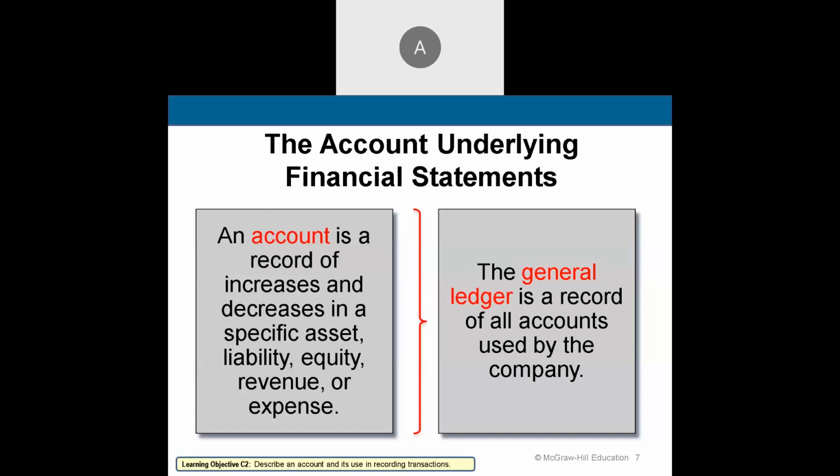With every transaction, there are two accounts that are affected. An account represents an asset, a liability, an equity, revenue, which is sales, or an expense. So there are two accounts in every single transaction.